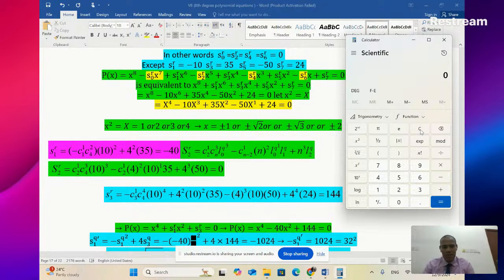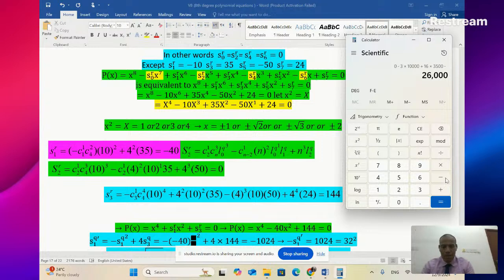But I'm going to calculate it. It will be negative 3 times 10,000, okay, plus 16 times 100 times 35, meaning times 3500, minus 4 cubed, 64, multiplied by 500.